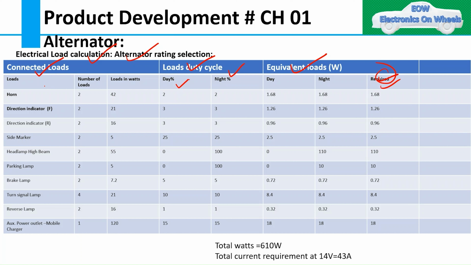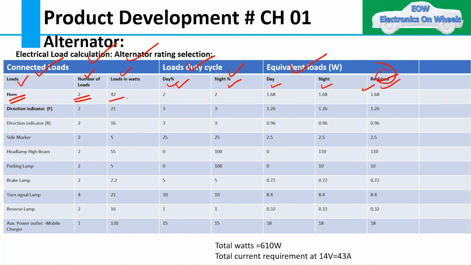Okay, so the first column is loads, then number of loads, watt, day percentage, night percentage, day equivalent load, night equivalent load and required one. First we will take the horn. You know that there are two horns, one low frequency horn and one high frequency horn, left or right side. The number of loads will be 2.